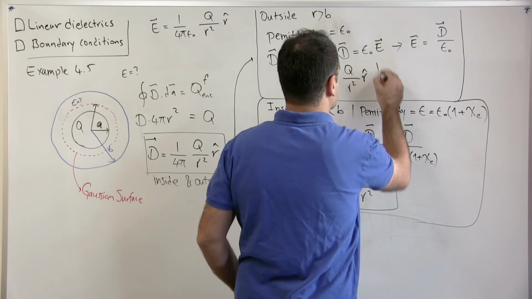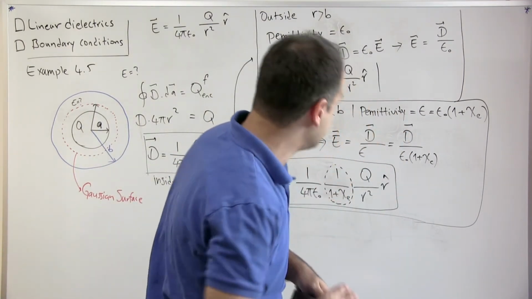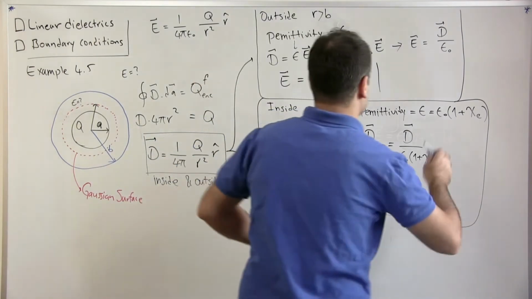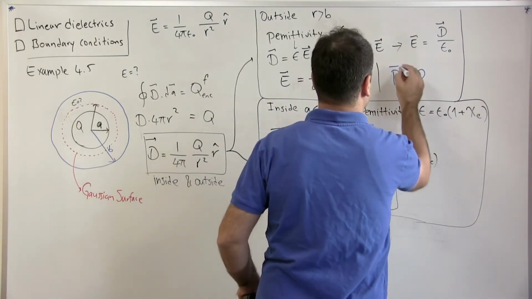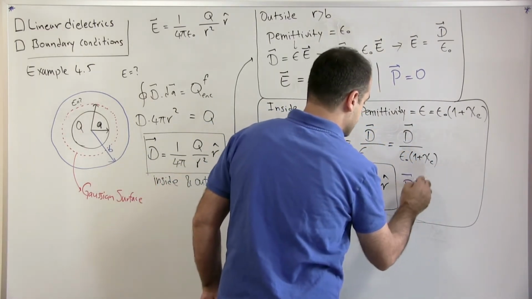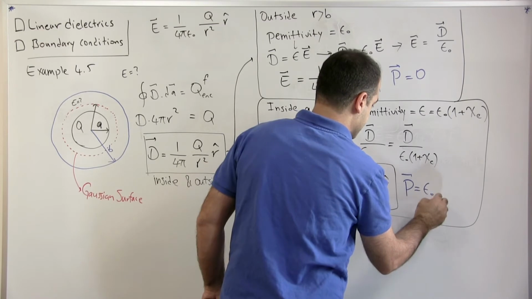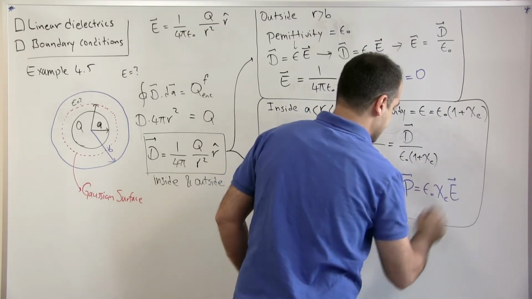So for polarization, I want to use blue. Outside, there's absolutely no polarization, there's no dielectric, so P is 0. But inside, we have polarization, and that should be equal to epsilon naught chi e times the electric field.